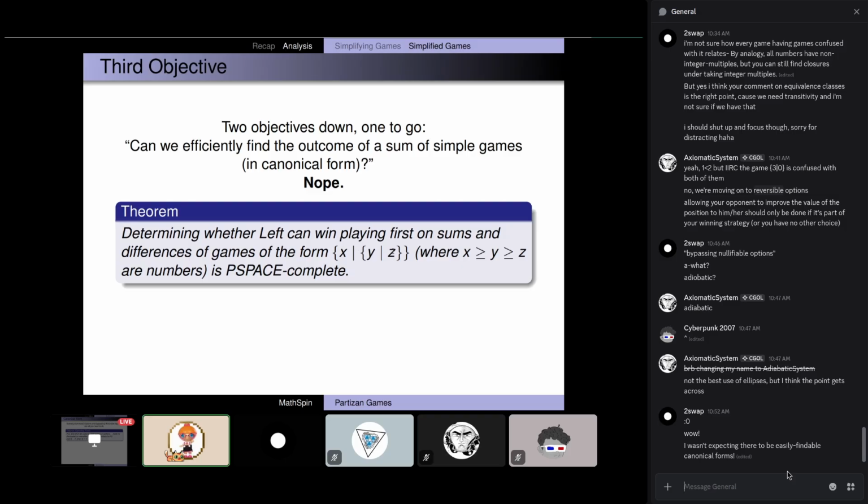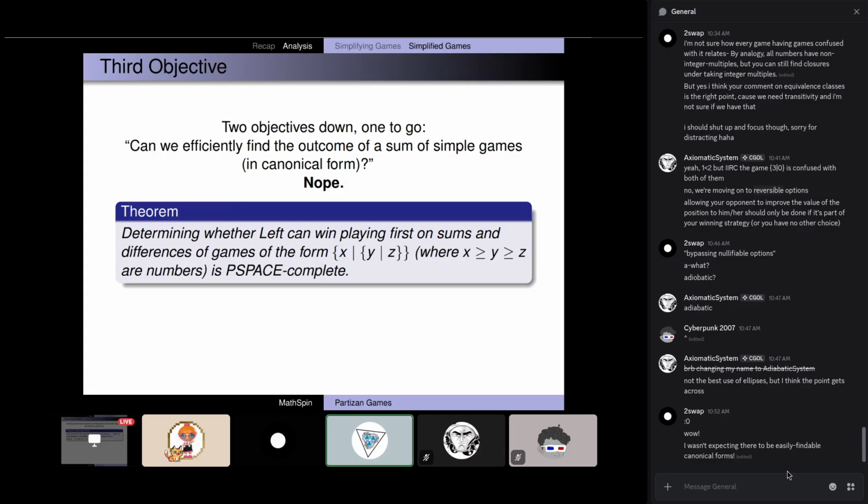And let's say we have a sum and difference of games like this, and you want to know, can left win playing first? It's PSPACE-complete. It's too hard. That's kind of crazy, actually. That means there's like a primality test in terms of whether left can win a game playing first.